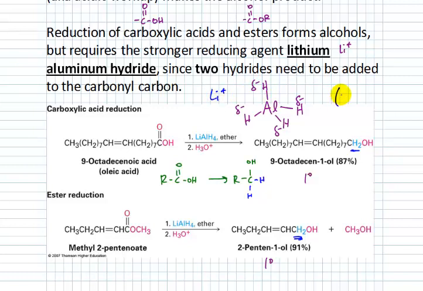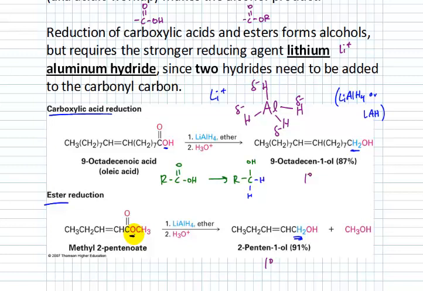It's LiAlH4, or LAH. If you write step 1 LAH, step 2 H3O+, that's perfect. Okay? But that's only needed with carboxylic acids and esters, where we already have another O on the carbonyl carbon.